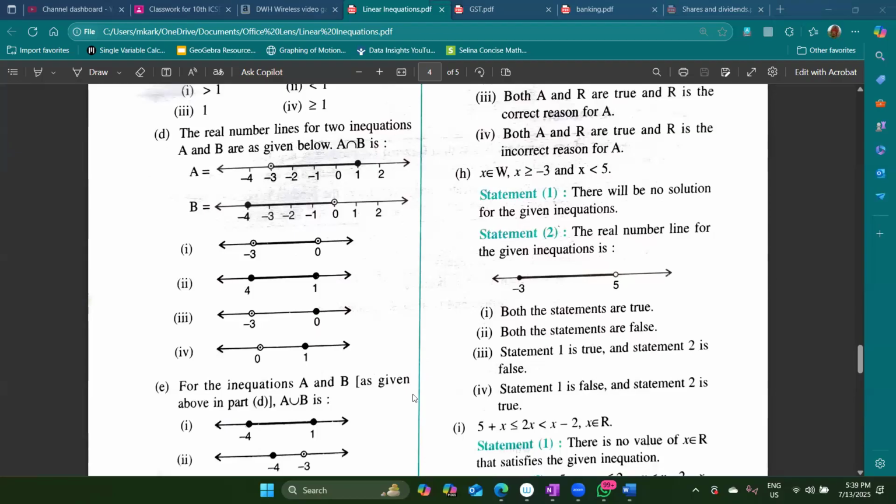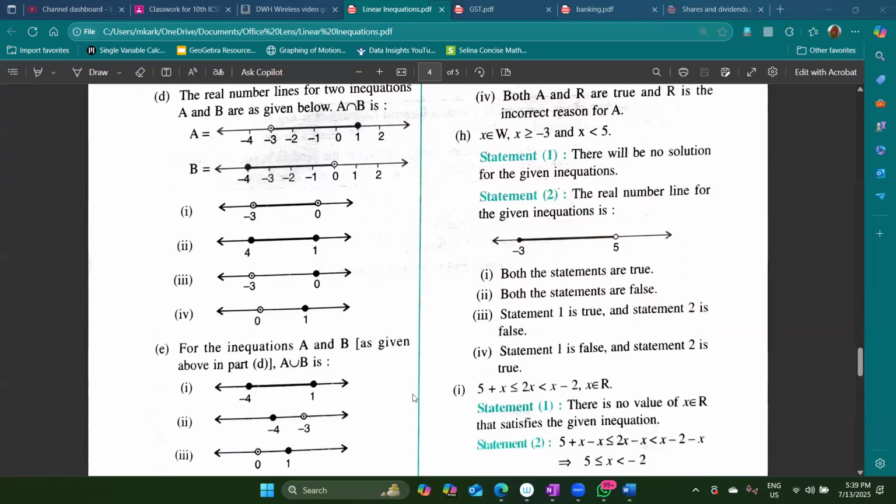Is it not? Because the inequality is -3 less than or equal to x less than 5. So the solution set, Aniket, what will be the solution set for this? Solution set for this will be 0, 1, 2, 3, 4. Correct. That is going to be solution set. So, cool.